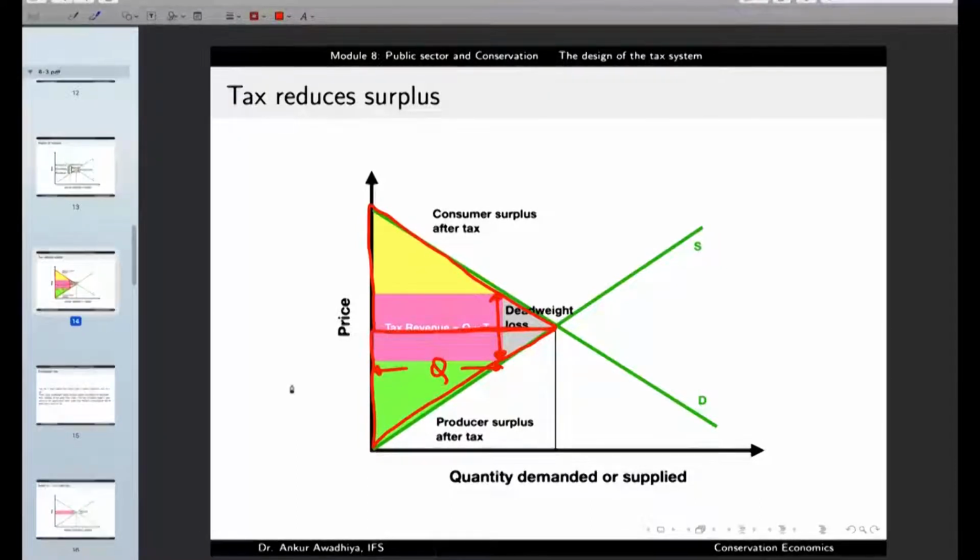But in the new situation, what is happening is that now we have a reduced amount of consumer surplus, which is now given by this triangle.